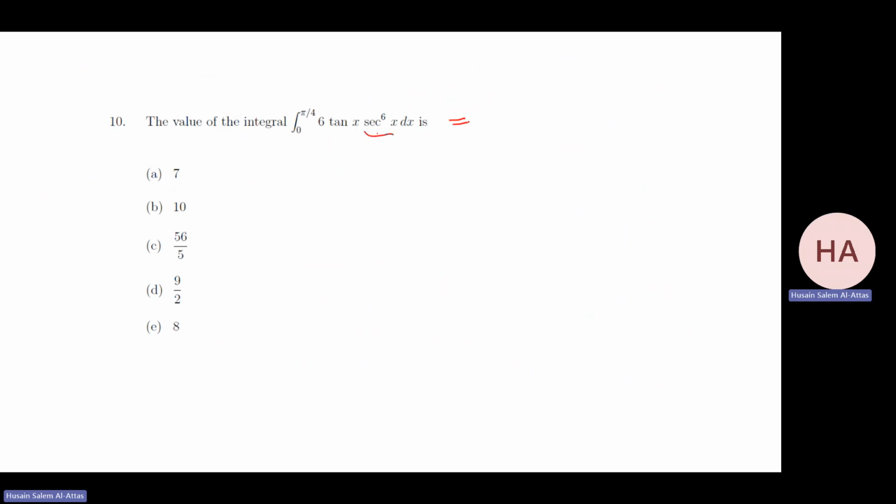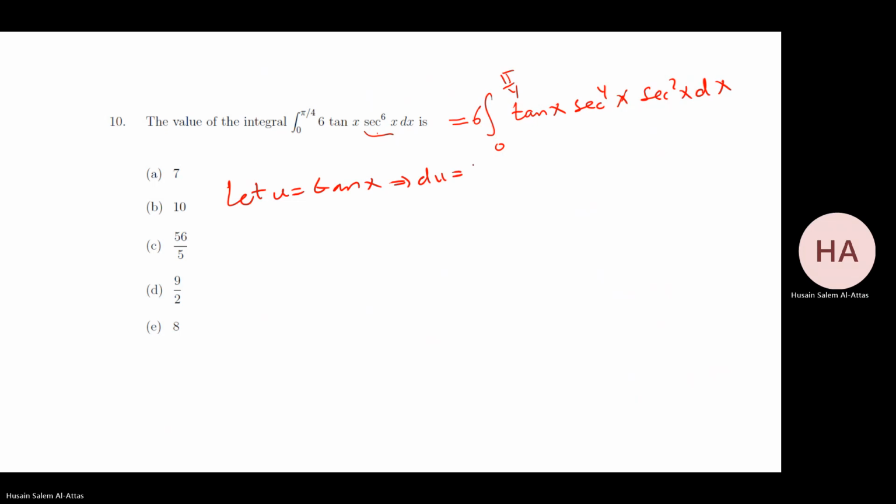So that will be integral from 0 to pi over 4, 6 outside, tan x. We'll make this secant to the power 4 x, secant square x dx. Then I let u to be tan x. So du will be secant square x dx, and that will be my du. So in this integral, call it I. So I will be what? 6. Now I apply this.